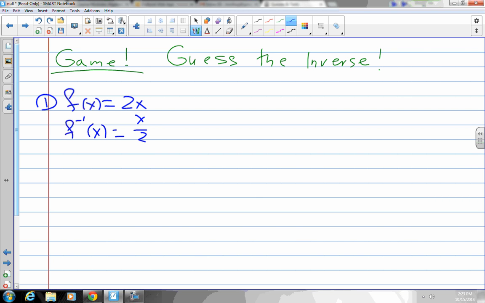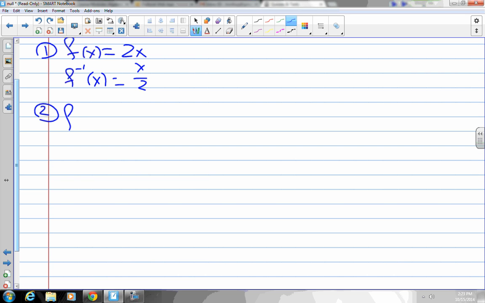So we were able to guess that one. How about this? F of x equals (3x minus 4) over 2. Can you guess that one? I'll give you a minute.